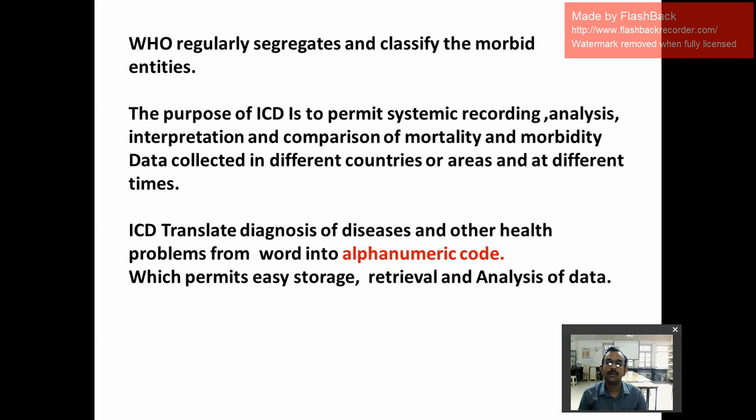Alphanumeric means one alphabet and a number. With this, they will give a code for each disease so that it will be easy for storage, retrieval and analysis of the data.